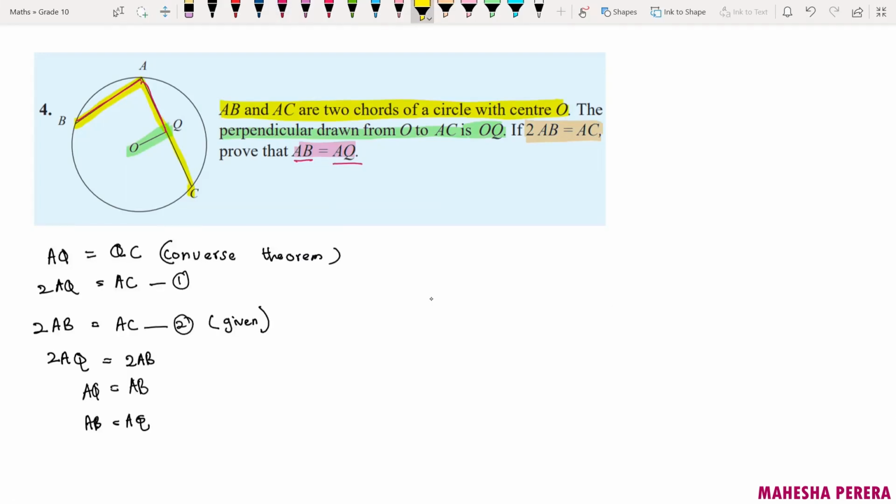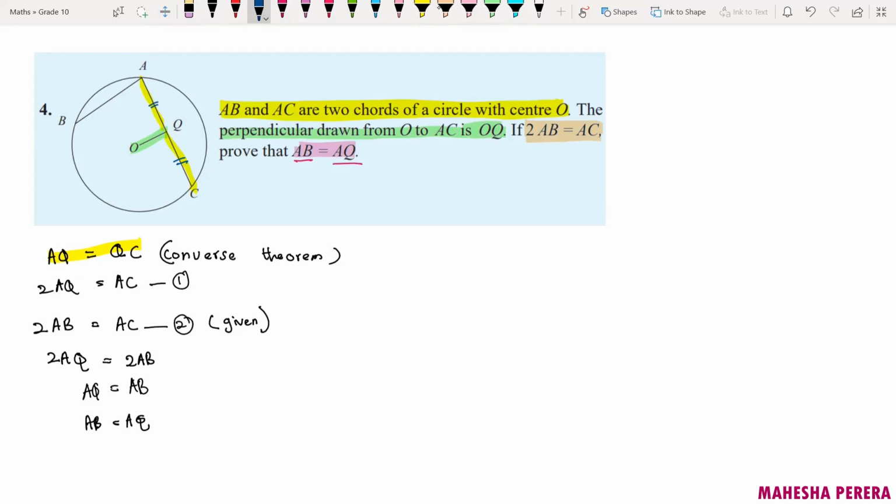Now, according to the converse theorem, we can say that AQ equals QC, right? Because OQ is the perpendicular. So since it is the perpendicular, this side is equal to this side, right? So we can say AQ equals QC.